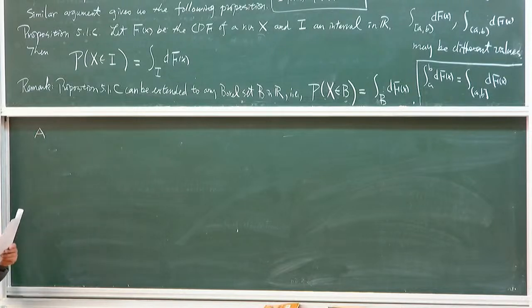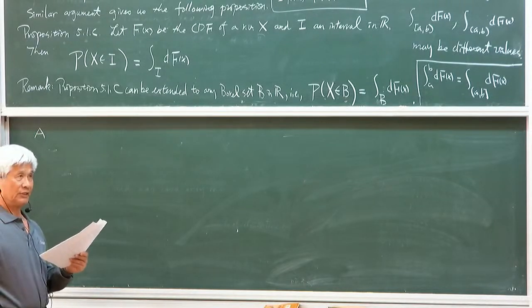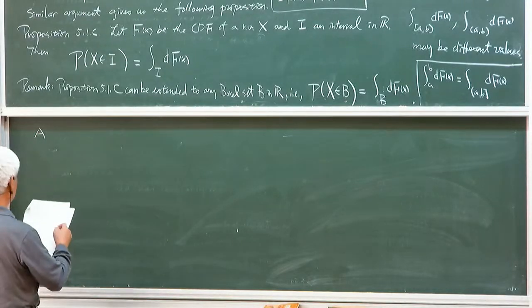All right. Now, we will give a definition of continuous random variable.